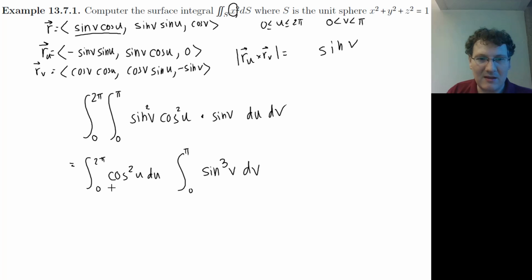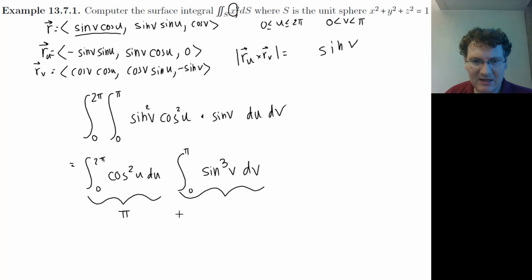I know that the area of the cosine squared of u is going to be pi, and for the area under the curve of sine cubed from 0 to pi, I'm going to cheat a little bit and get the answer.